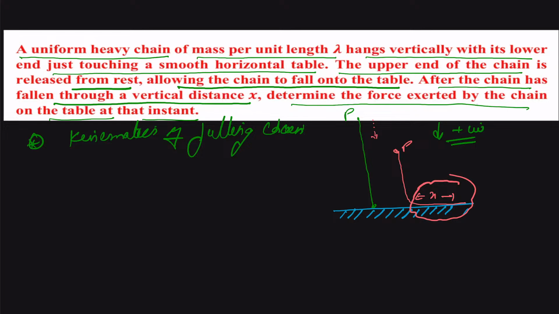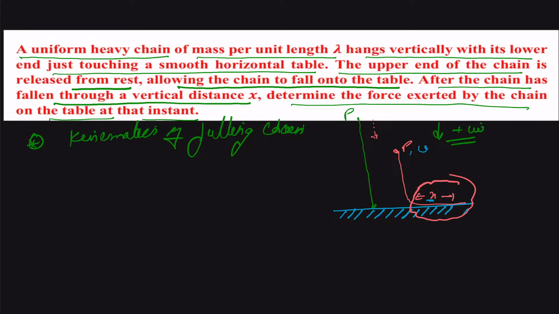The chain will be in free fall, so it means g is our acceleration due to gravity, and it is going to start from rest. And when the chain length on the table is x, suppose at that particular moment its velocity is v. So we can say at P it's having a velocity of v.